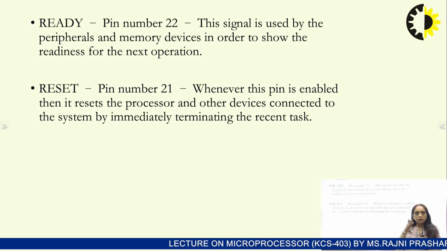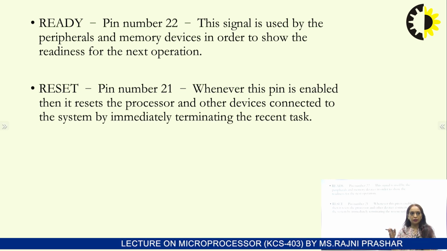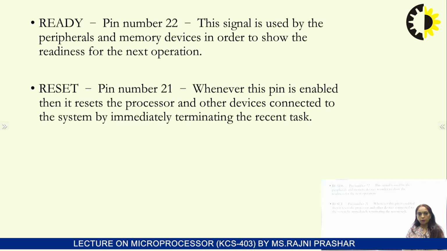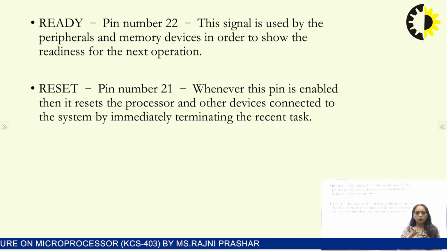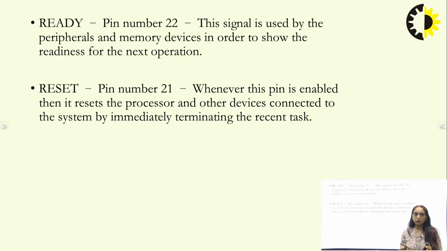During that operation, some wait states will be inserted, because in the wait state no operation will be done, only the T states will be increased, so that they can match the speed with the other device. So the microprocessor should be locked, and during that period it should not execute any instruction.